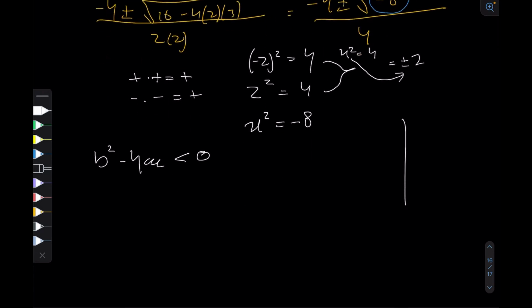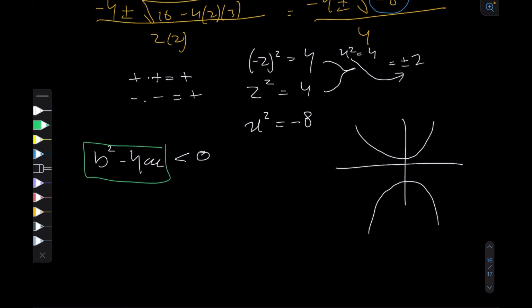So the quadratic will be either all above the x-axis or all below the x-axis. And this b squared minus 4ac is something that we call the discriminant. So if the discriminant is less than 0, the quadratic does not touch the x-axis.